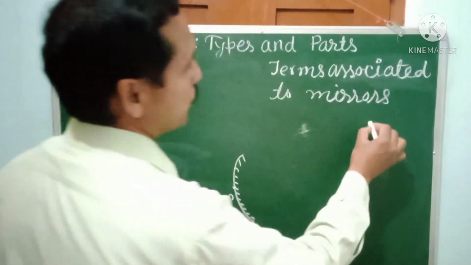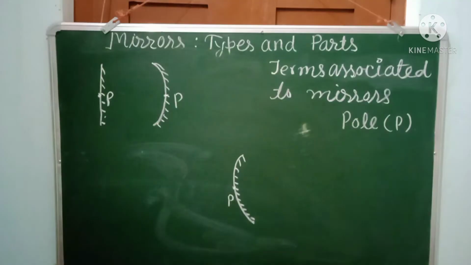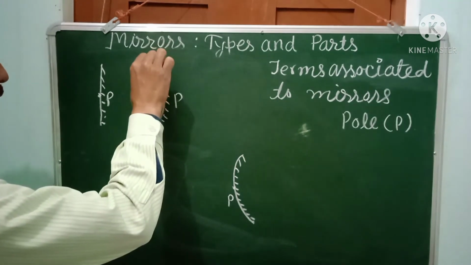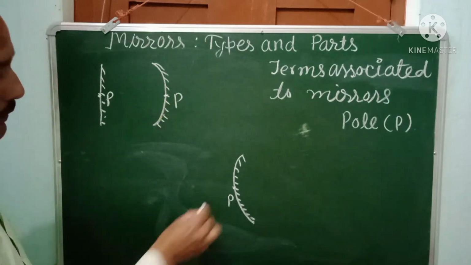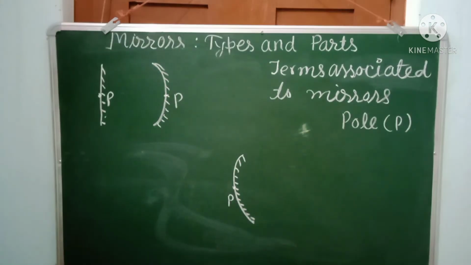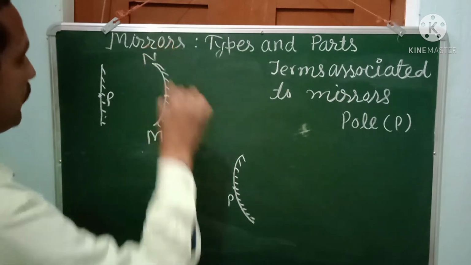First part is pole. Now, the diameter of reflecting surface is called aperture of mirror and is denoted by MN.